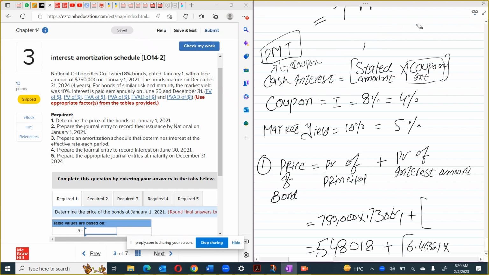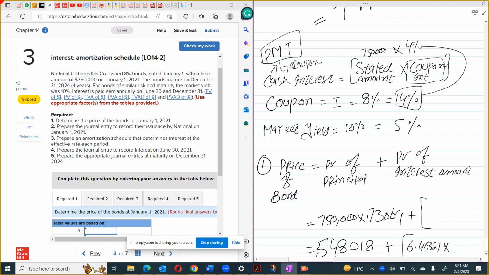So here the stated amount, or the face amount, is 750,000. The name is the same, either the face amount or stated amount. Multiply with the 4%. Sorry, it is actually 4%. That's why I'm telling you it's 4%.